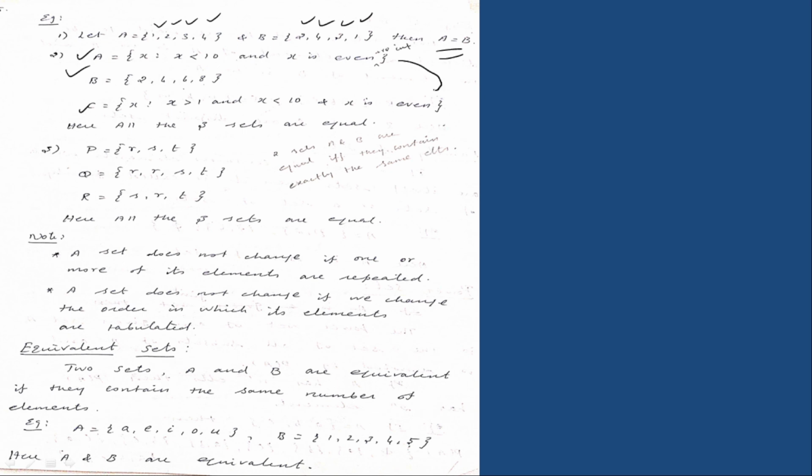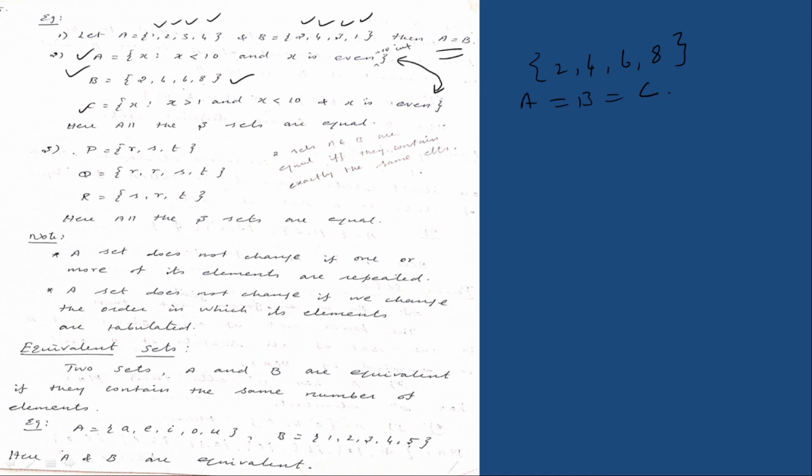For the first and third ones we use the set builder form of representing the elements of the set. For the second one we make use of the tabular form of representation of set elements. All of them should represent the same thing. That means all of them should represent the elements of the set 2, 4, 6, 8. Here the three sets are equal. A equal to B equal to C.